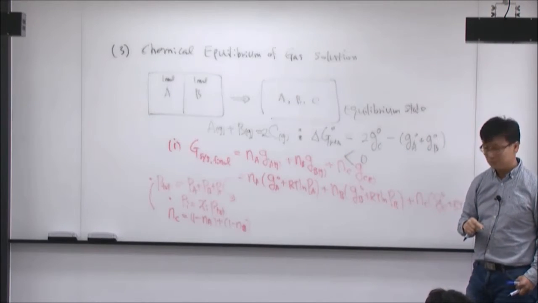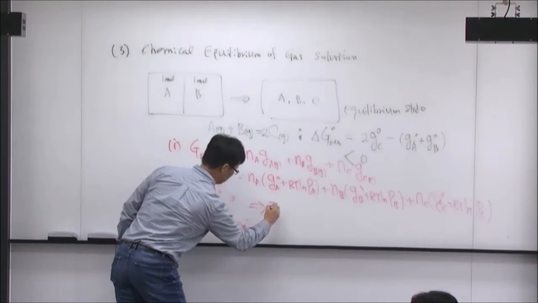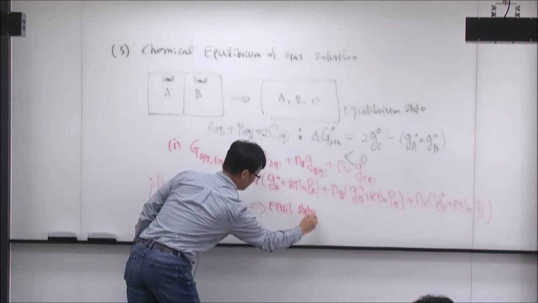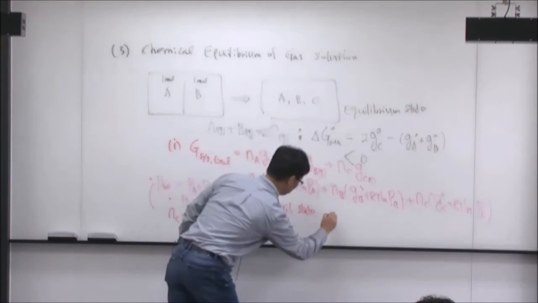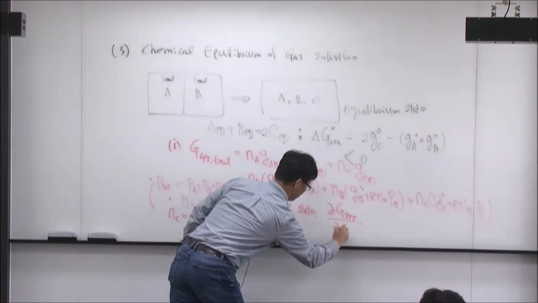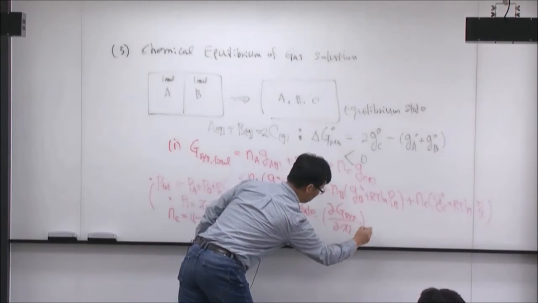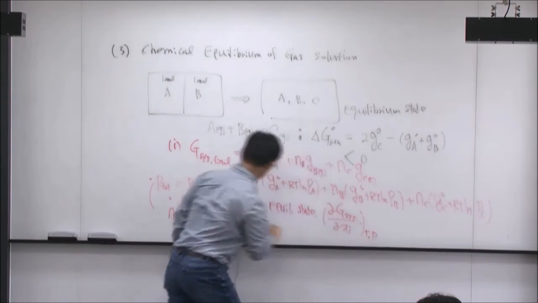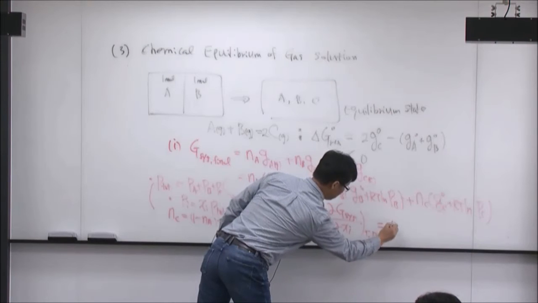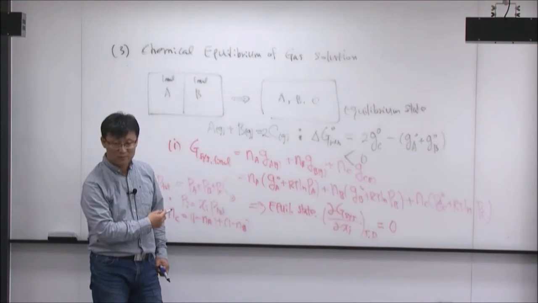Is it okay? So in the end, the equilibrium state can be calculated: dG of the system divided by dXi, at constant temperature and constant total pressure, and if this is 0, that's the equilibrium state.